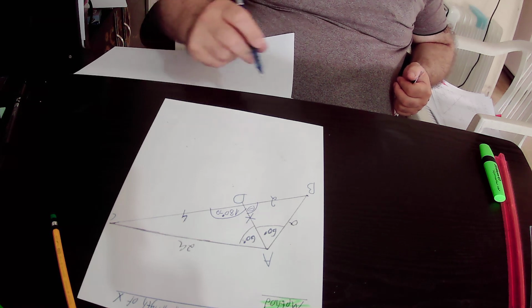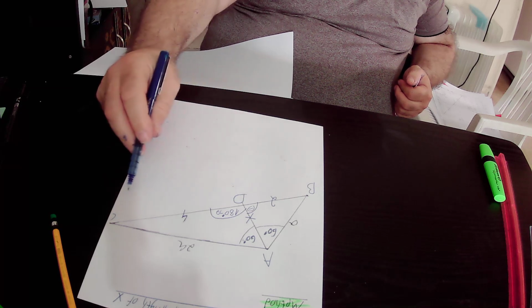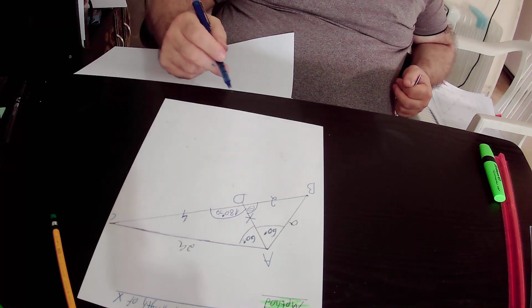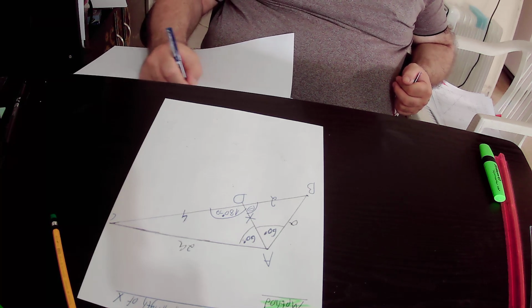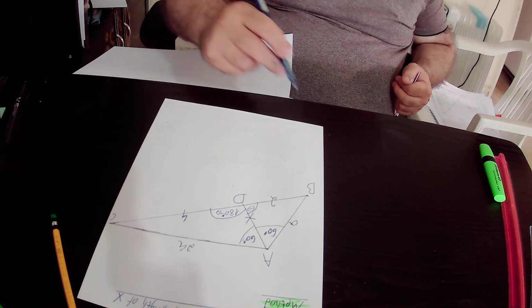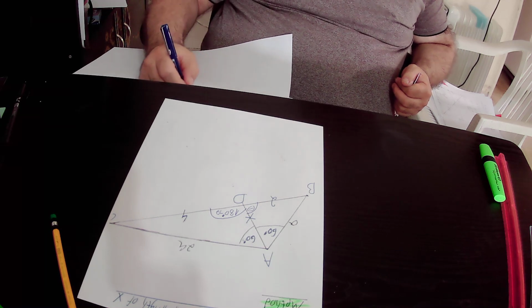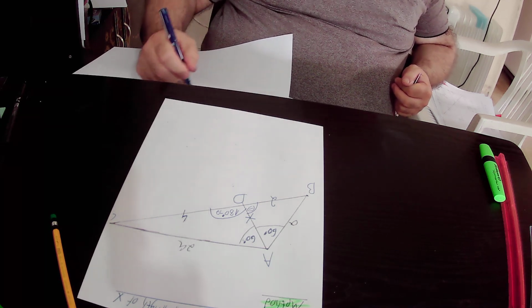Minus C square. C is BC. BC equals 6, 4 plus 2 is 6. 6 square is 36. Over 2 times A times B. AB equals A and AC equals 2A.